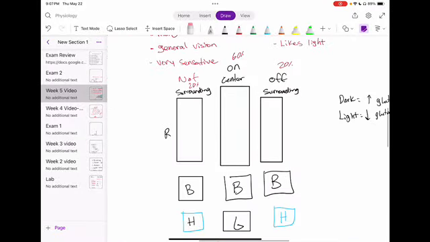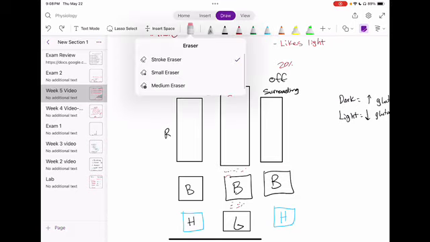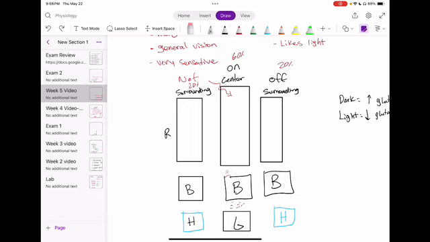So it's the same concept here as that light, as the light hits, it works through and we send neurotransmitters down. Well, right here, it does not produce glutamate. That light's on it.